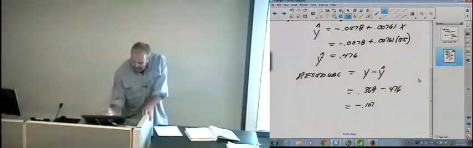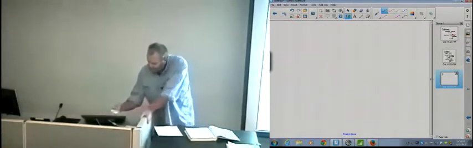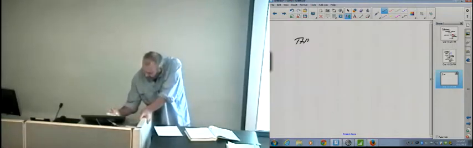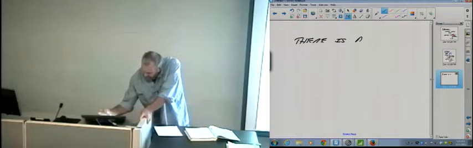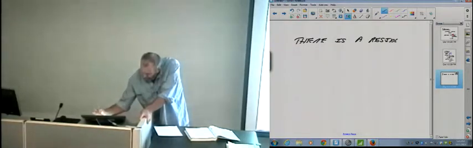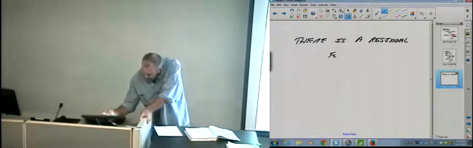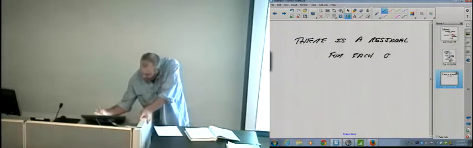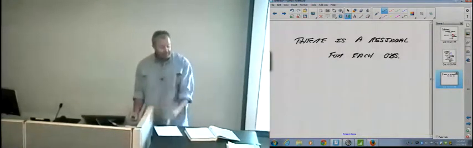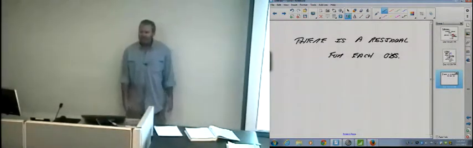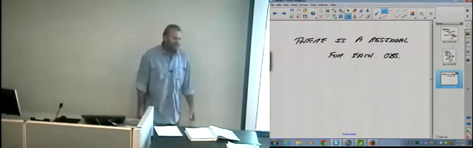Now, just so you have it in your notes, there is a residual for each observation. If there's 16 subjects, there's 16 residuals. If there's 72 subjects, there's 72 residuals.